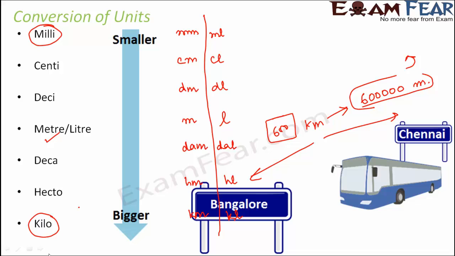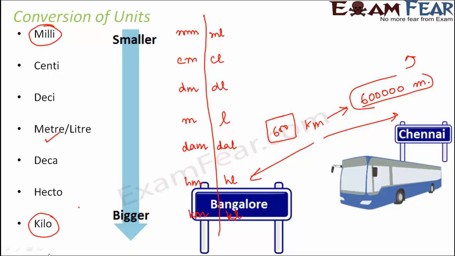Because that is our final agenda: if I have to convert some amount from kilometer to meter, how do I do that? Or if I have to convert something from milliliter to kiloliter, how do I do that? In order to do this conversion easily, it is very important that you remember this sequence: milli, centi, deci, deca, hecto, kilo. So how do I remember this?